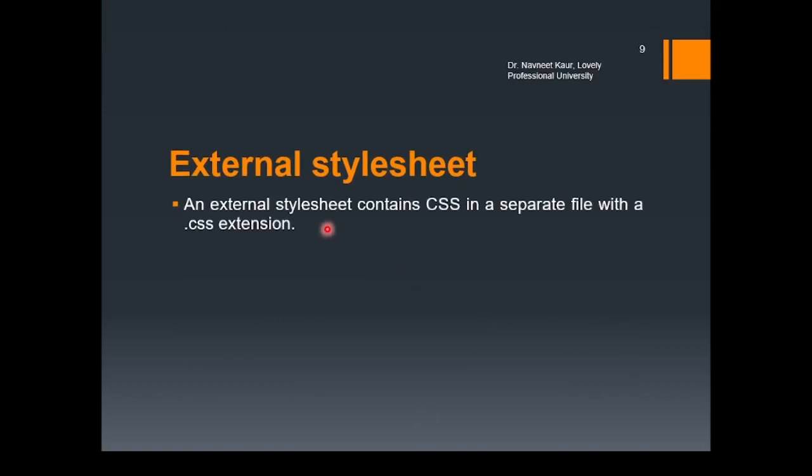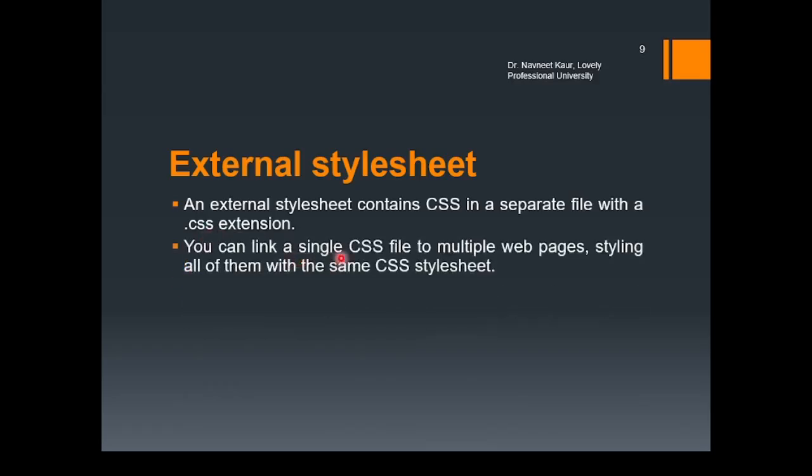An external style sheet contains CSS in a separate file with a .css extension. This is the most important feature, that we do not include the styling in the HTML file. Instead, we write it in a separate file whose extension will be .css. You can link a single CSS file to multiple web pages, styling all of them with the same CSS style sheet.